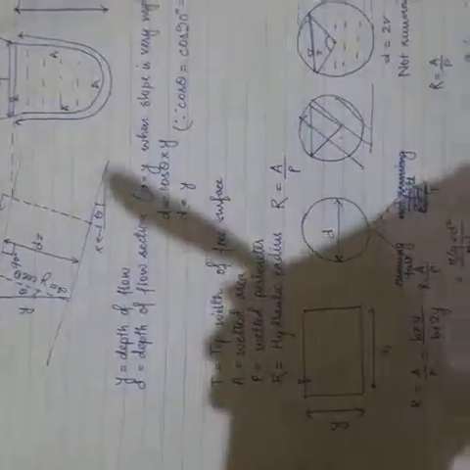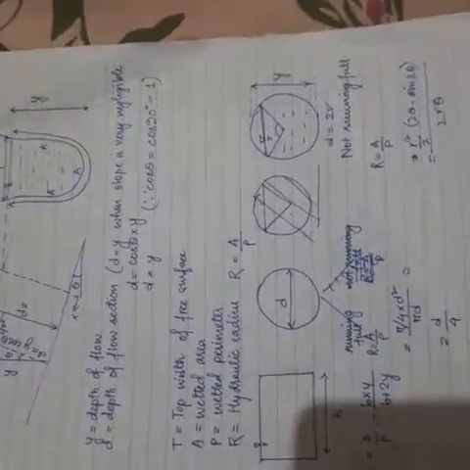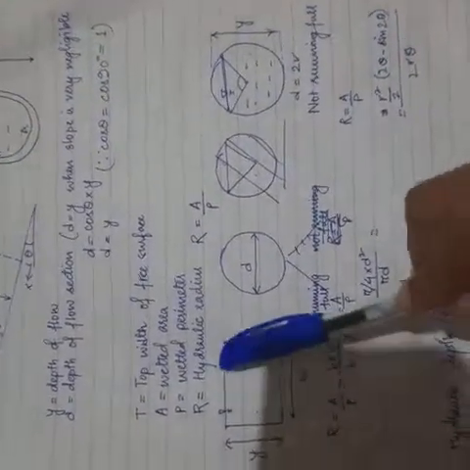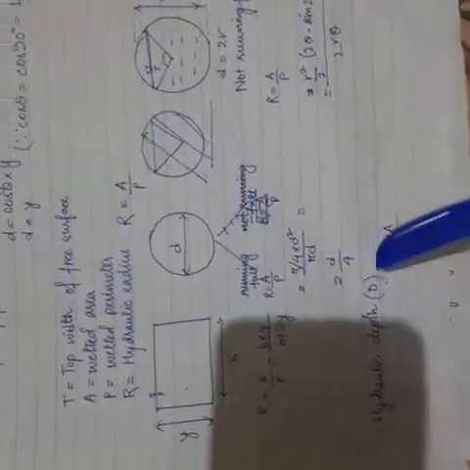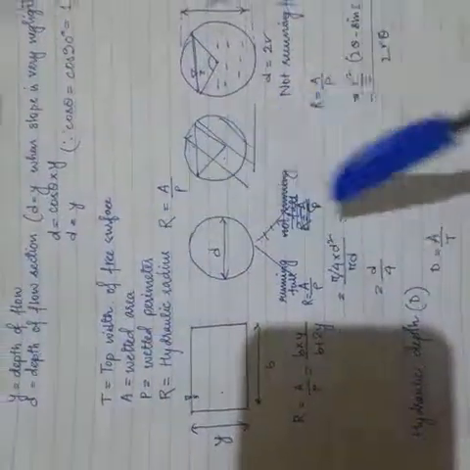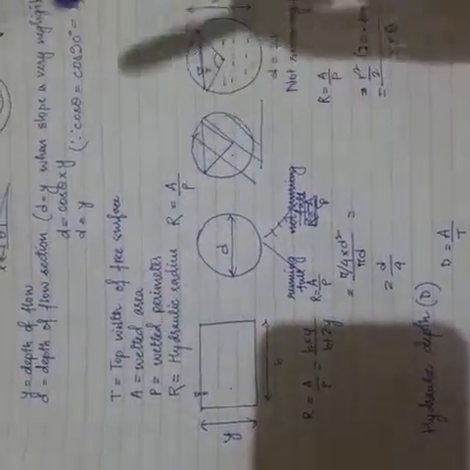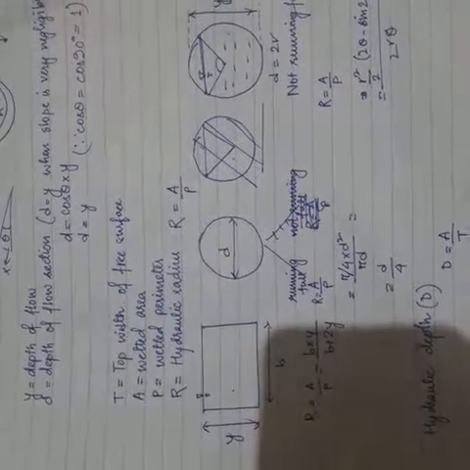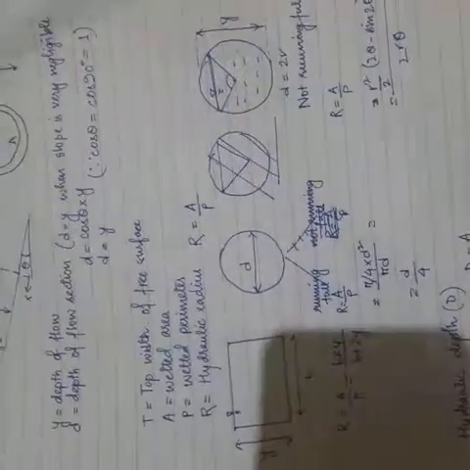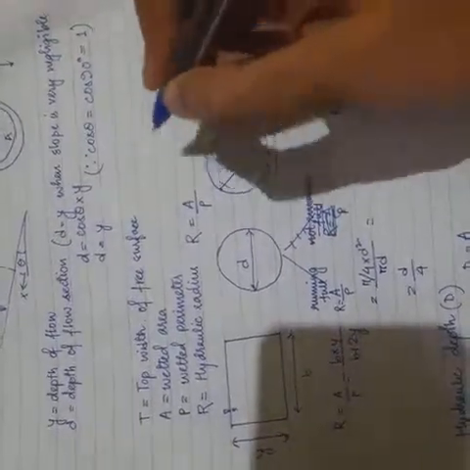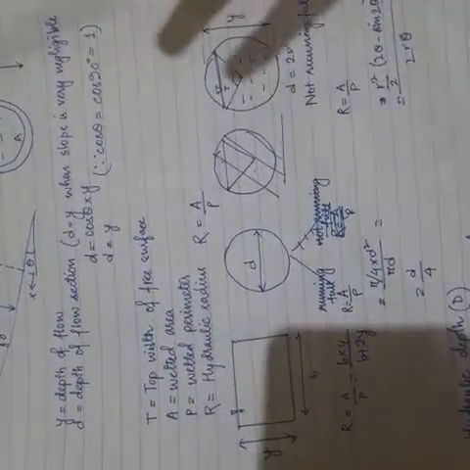Now based upon this, we are going to look into some terms like hydraulic radius and hydraulic depth. So hydraulic radius is actually area by perimeter. I want you to visualize something. Suppose you consider a circle.